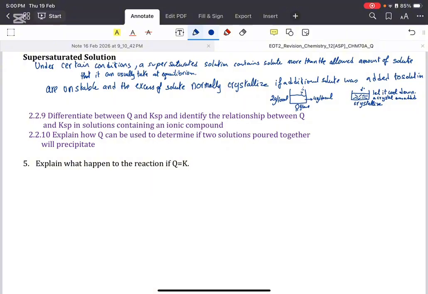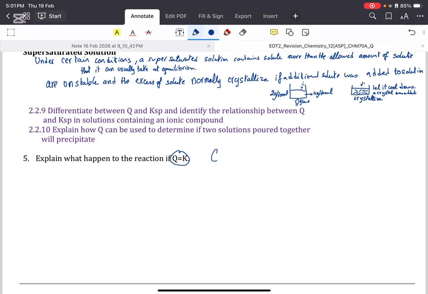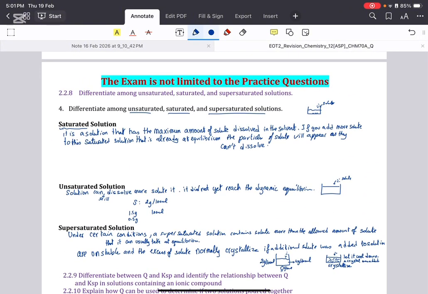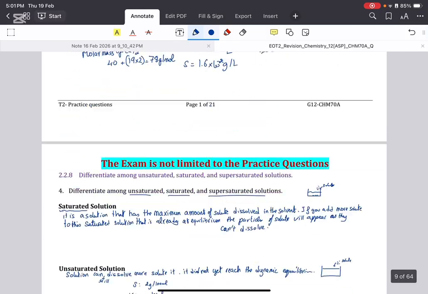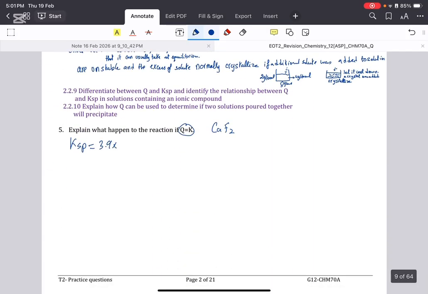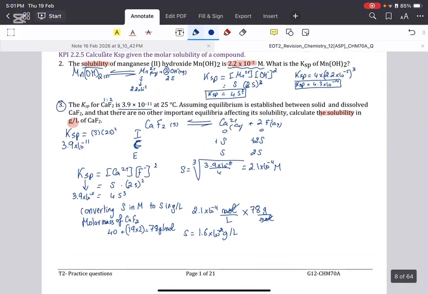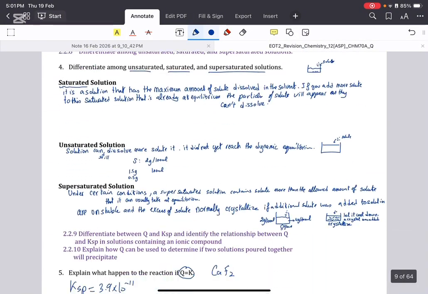Now explain what happens to the reaction if Q equals K. Now Q is when I have certain given concentrations, like for example, the example that was given to me, calcium fluoride solution. Okay, let's say the KSP of calcium fluoride solution is equal to 3.9 times 10 to the power 11, and the solubility is 2.1.